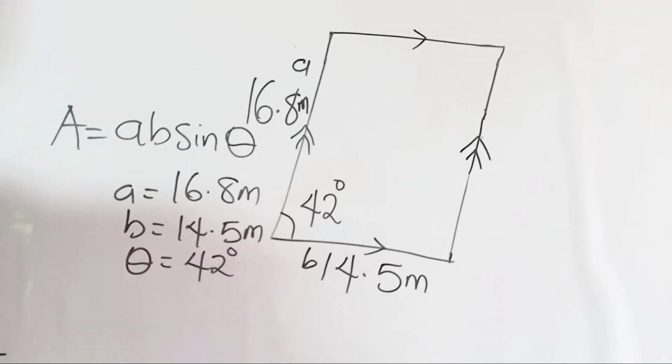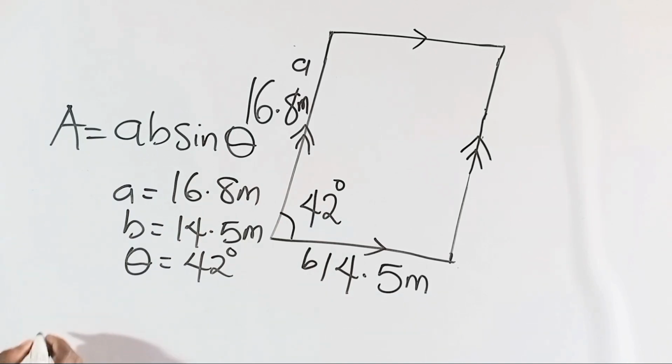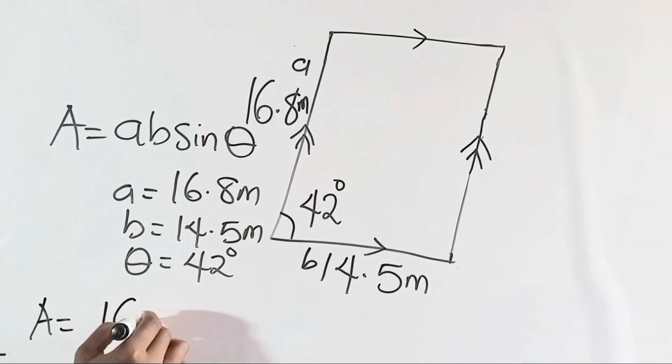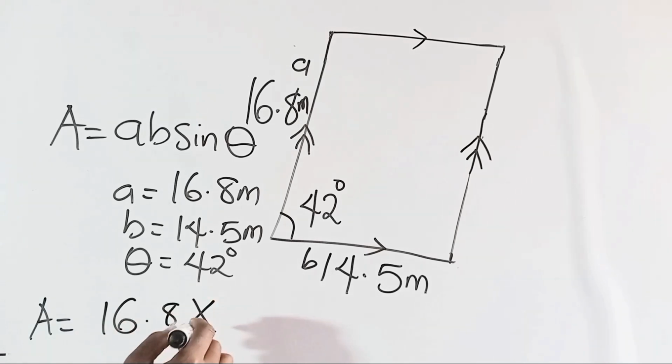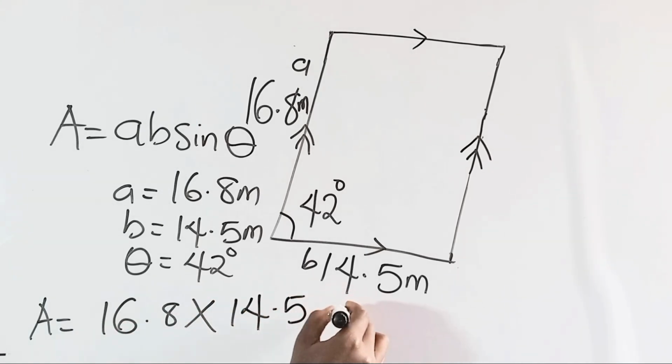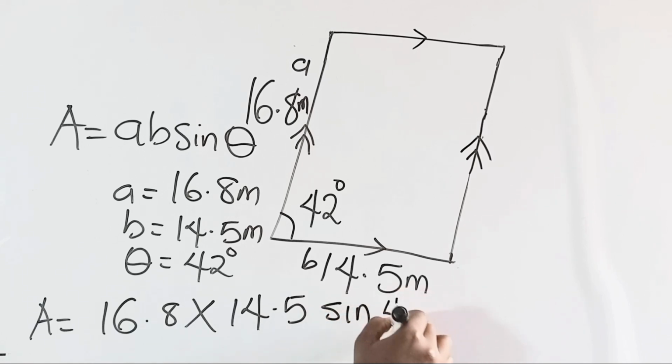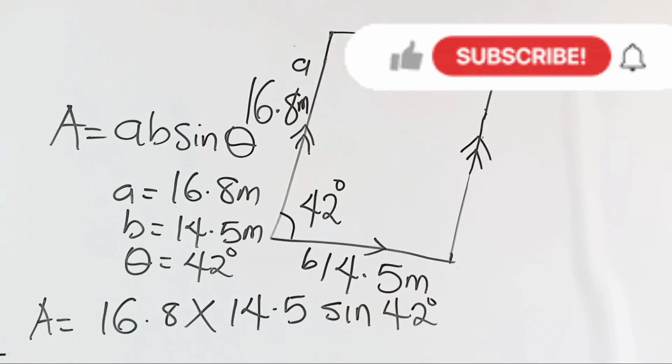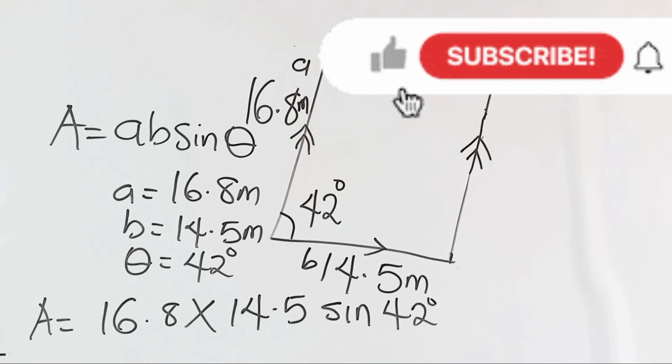If we apply the formula, we have area equals 16.8 times 14.5 sine 42 degrees.